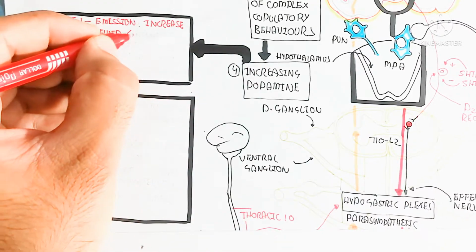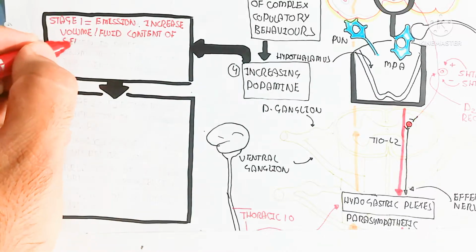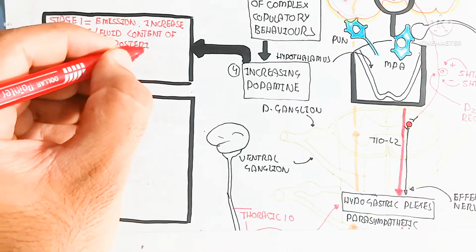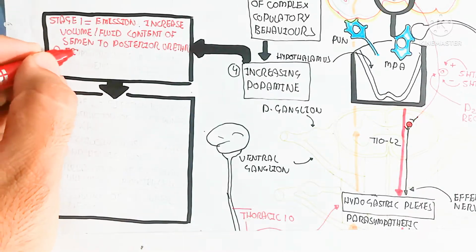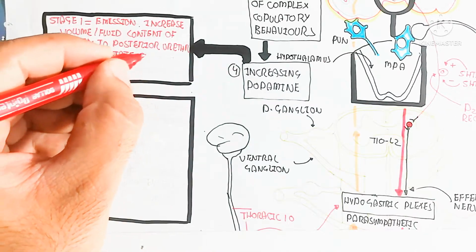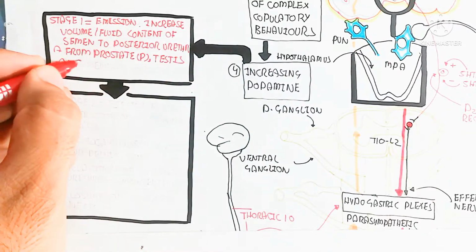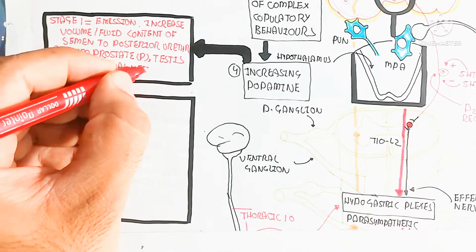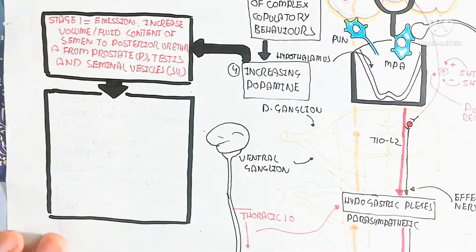The emission increases the volume and fluid content of semen to the posterior urethra from the prostate, testes and seminal vesicle. In this way, the emission and volume will be increased.